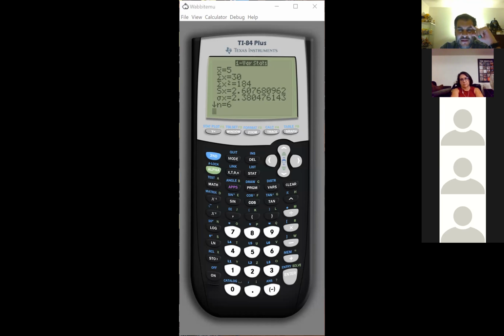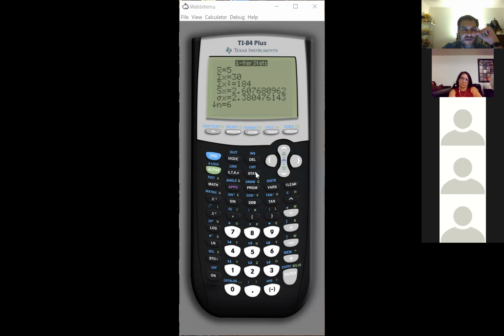Yeah, I get the answers you have on yours, but when I click enter, it says error, data type error, and then I press OK, and it gives me the same answers, but it's just telling me there was an error. I think I need to see it to figure out what's wrong. As long as I give you the answer, that should be fine. I could double check that later.